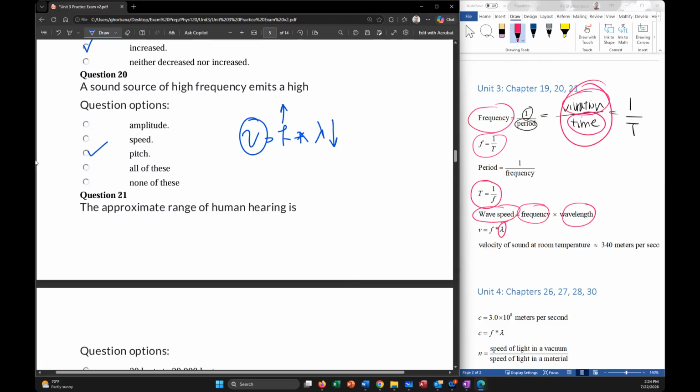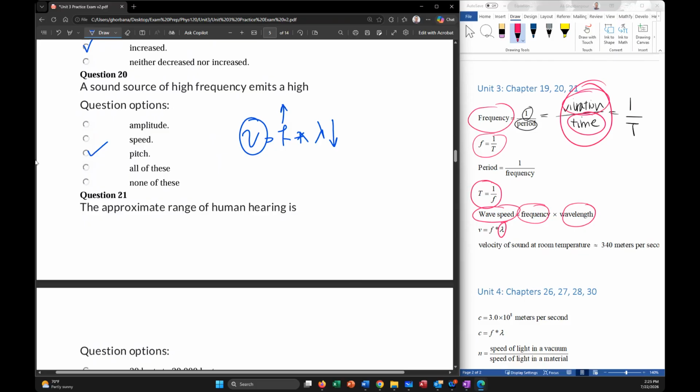The velocity of sound doesn't matter if you are hearing a sound from a source which is moving. It doesn't matter whether the sound source is moving or not moving. This velocity of sound is going to be exactly the same. The velocity will not change.